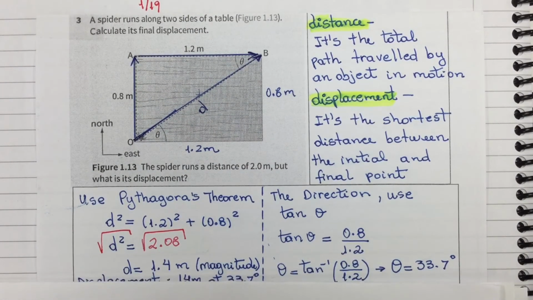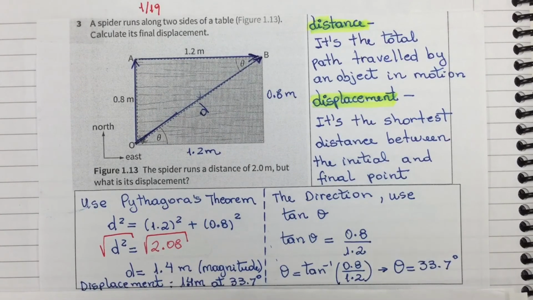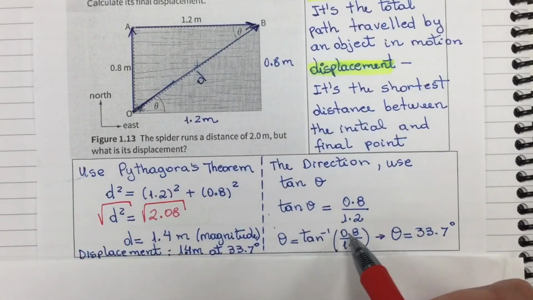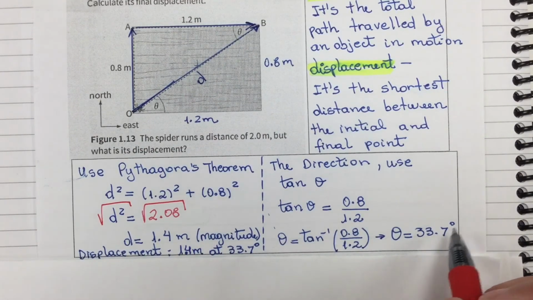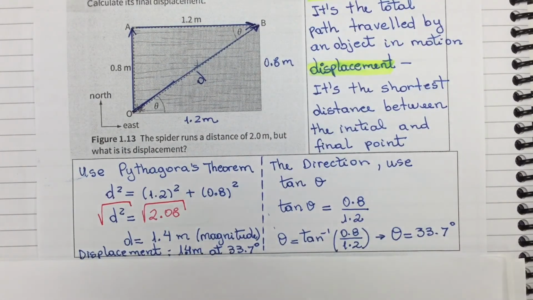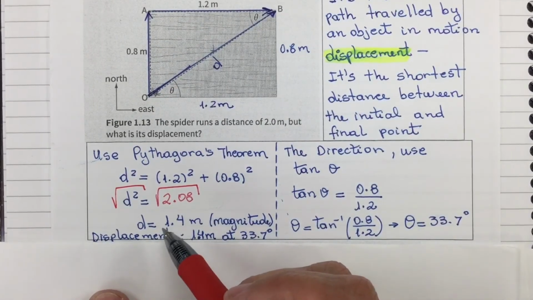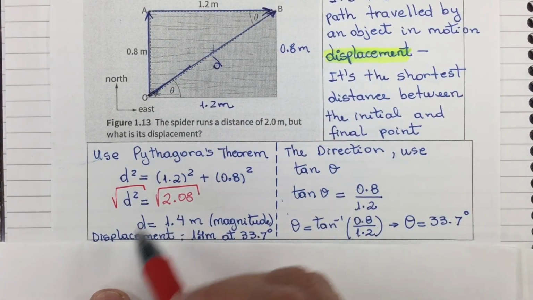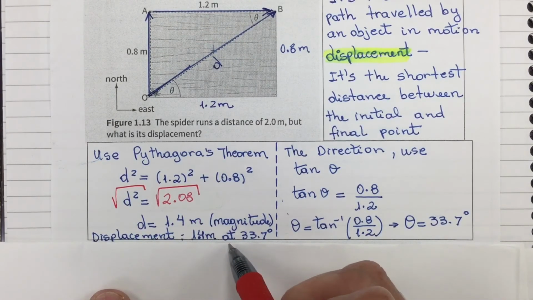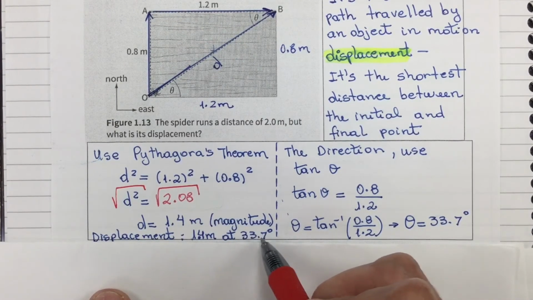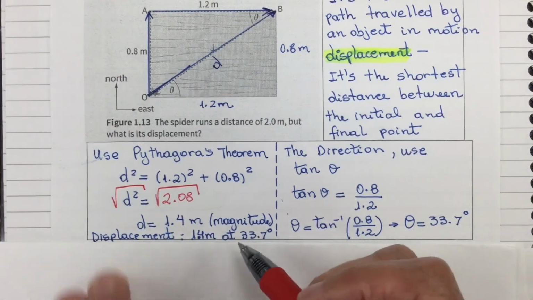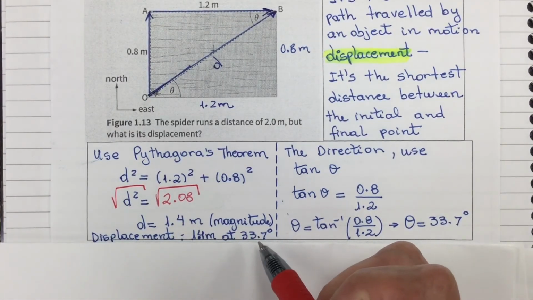And the angle will be the inverse tangent of 0.8 over 1.2, which is 33.7 degrees. So the correct answer is that the displacement of this spider is 1.4 meters at 33.7 degrees. So the direction here is given by an angle.